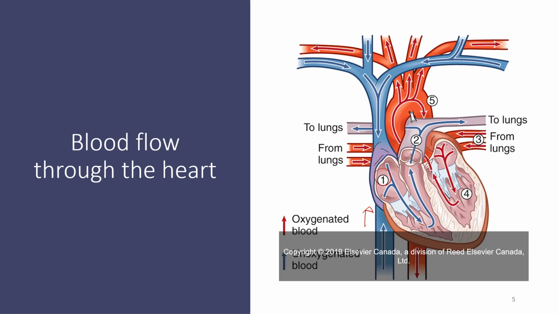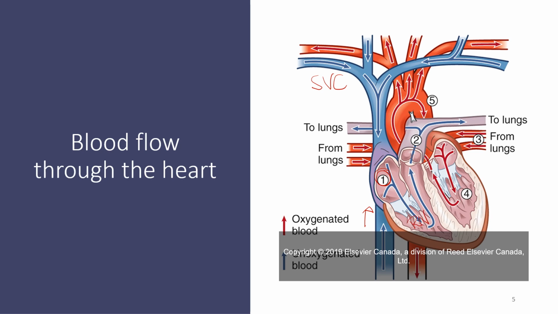Blood is also coming from the SVC, the superior vena cava, into the right atrium. That's your oxygen-poor or deoxygenated blood. It then goes through the tricuspid valve, which we'll look at in a minute, and into the right ventricle.